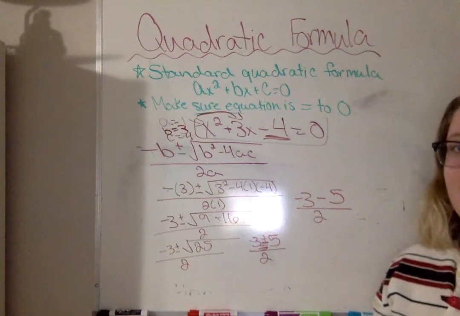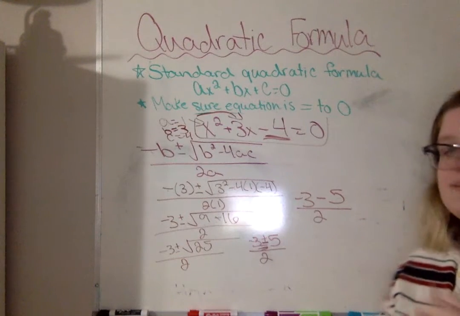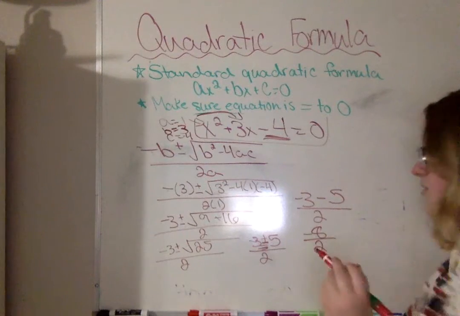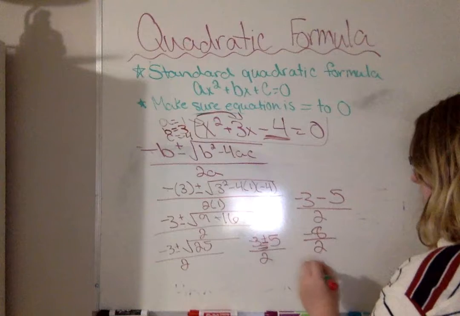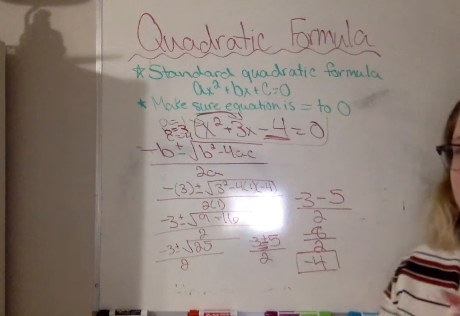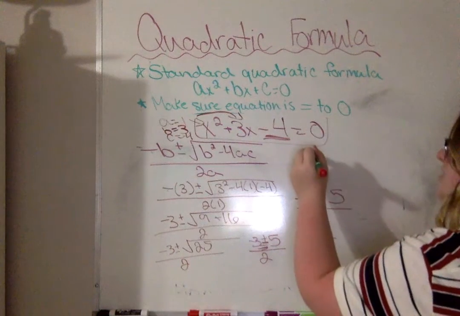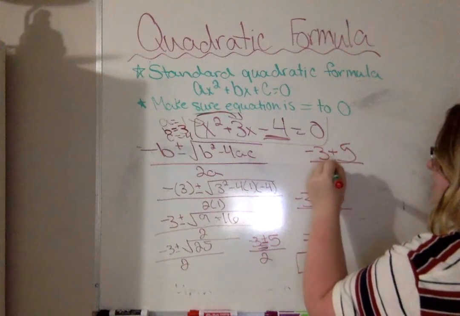So, -3 minus 5 over 2 is going to get us -8 over 2. Now, if we continue with that, you already know it's going to be -4. So that's one answer. Then the second one is going to be -3 plus 5 over 2.